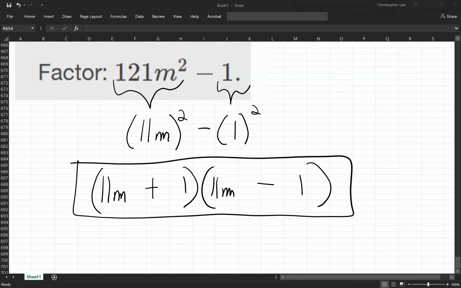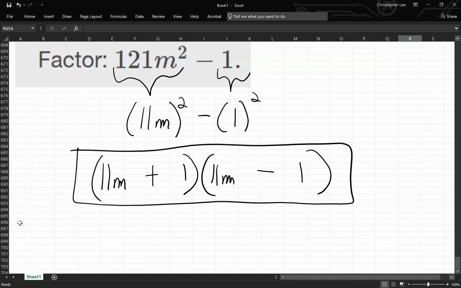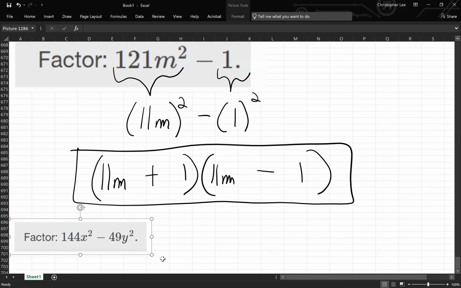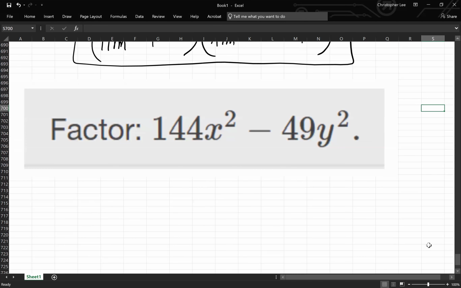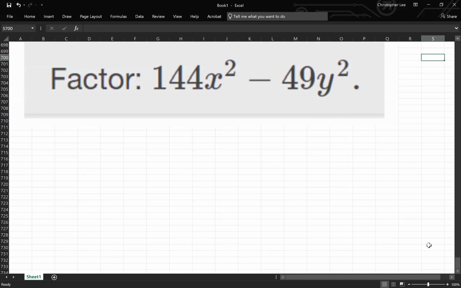Same type of question as before. This time I've got a double variable, so you know that means I'm going to have a variable in my A term and my B term.